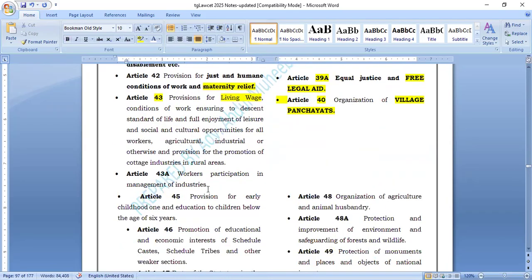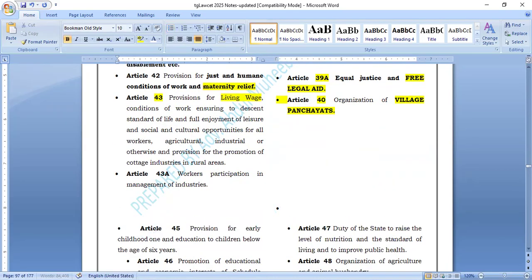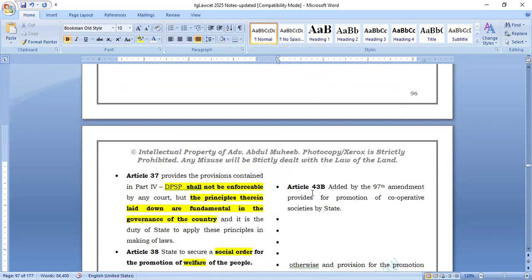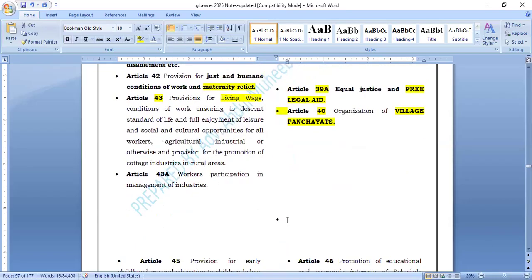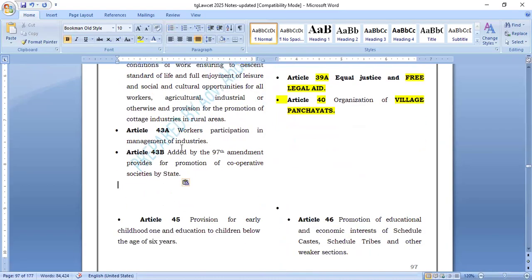What is 43A? Workers' participation in management of industries. For 43A, just remember workers' participation.